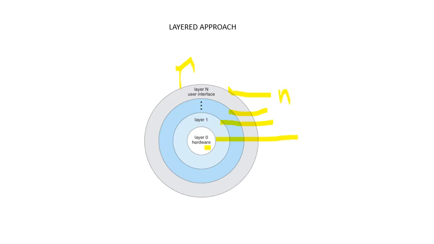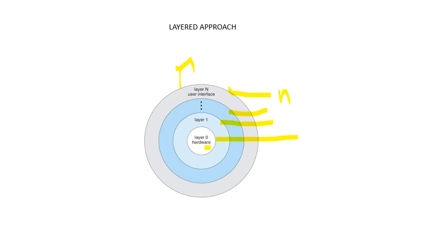Third, a particular layer can access all the layers present below it, but it cannot access the layers present above it. Simply, layers can access the layers below, but they cannot access the layers above. For example, layer n minus 1 can access all the layers from n minus 2 to 0, but it cannot access the nth layer.